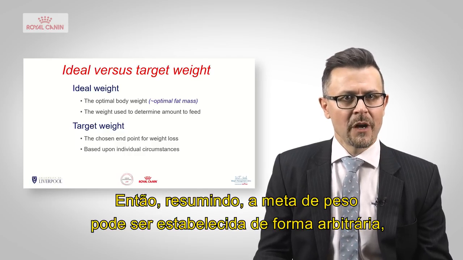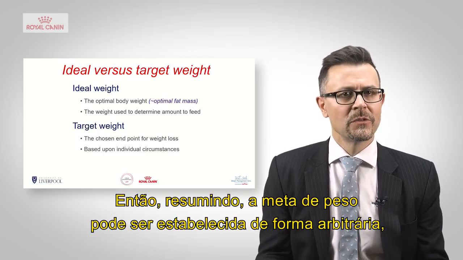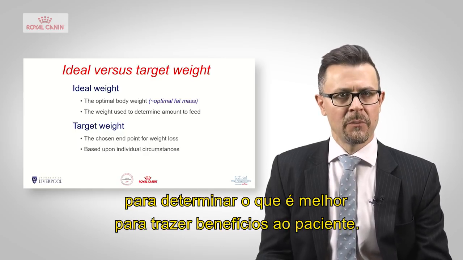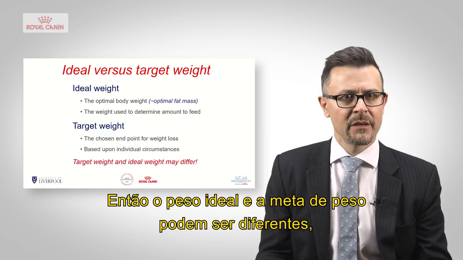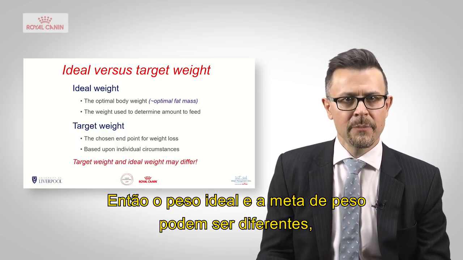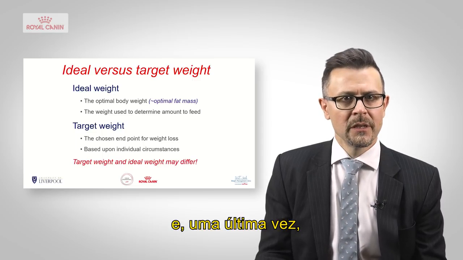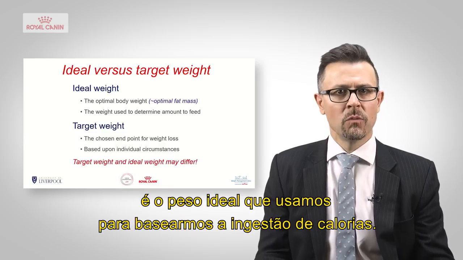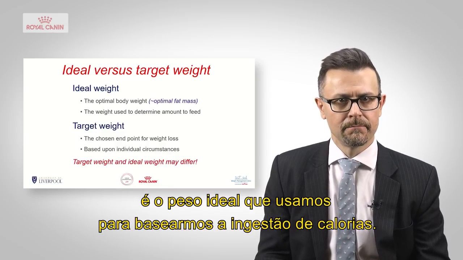So just to summarize, our target we can set arbitrarily to determine what works best to get the benefits for the patient. So to think about it, target weight and ideal weight may be different, and one final time, whatever these weights, it is the ideal weight that we use to base our calorie intake on.